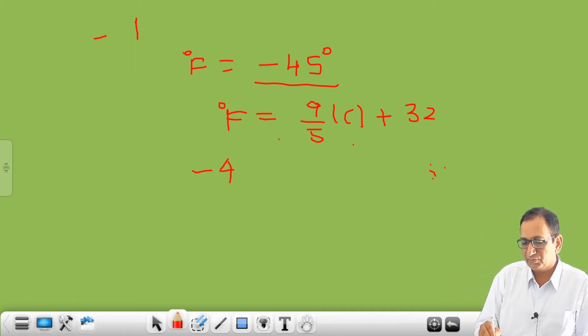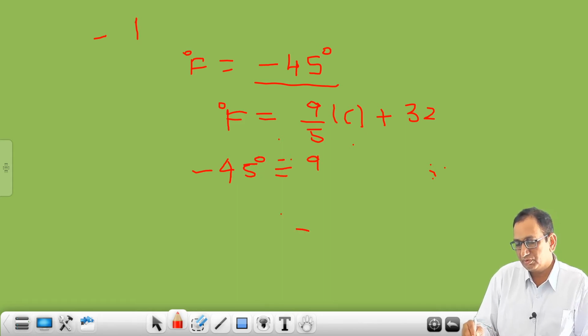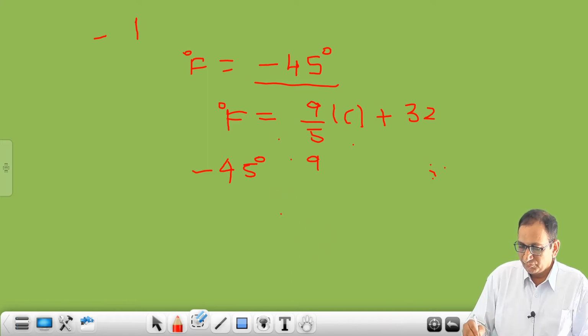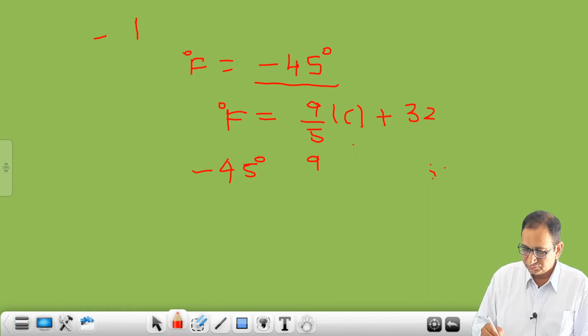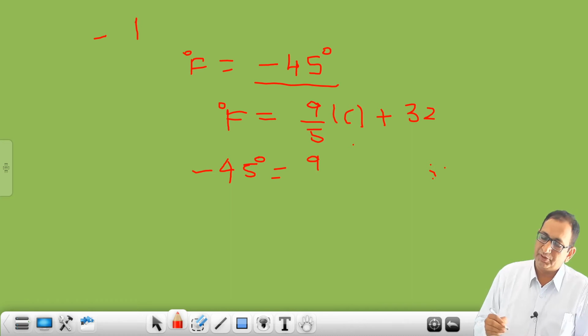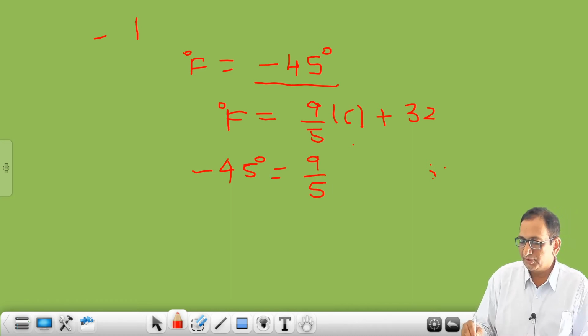So here we can put minus 45 degree is equal to 9 upon 5, and here, students, C is there.